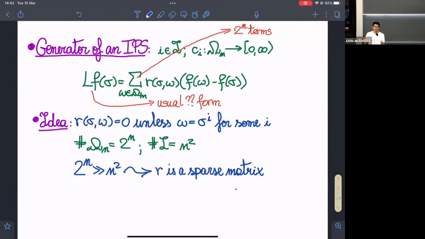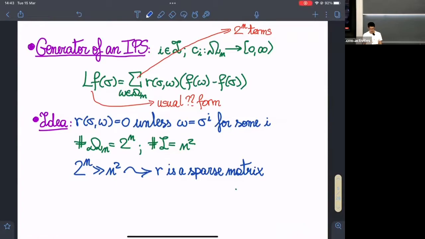So it's huge. In the one-dimensional case, it's 2 to the n. In the d-dimensional case, it's 2 to the n to the d, even larger. So this sum is a huge sum. Moreover, in general for interacting particle systems, it is full of zeros.